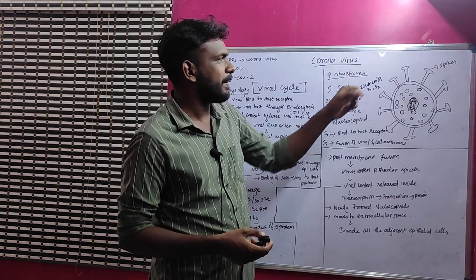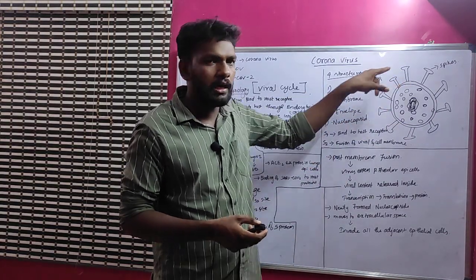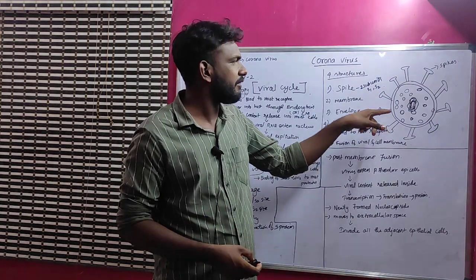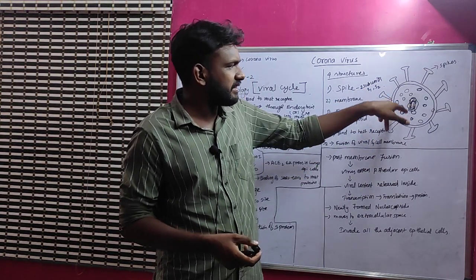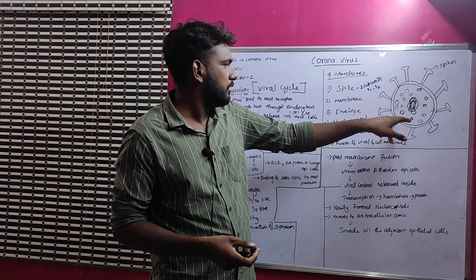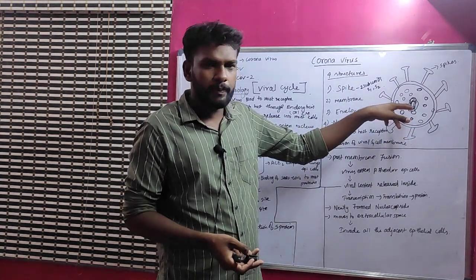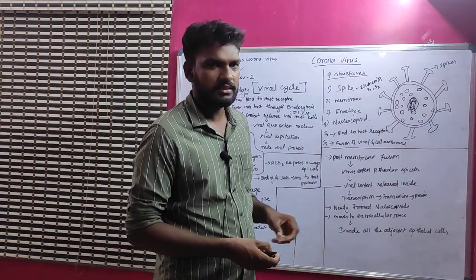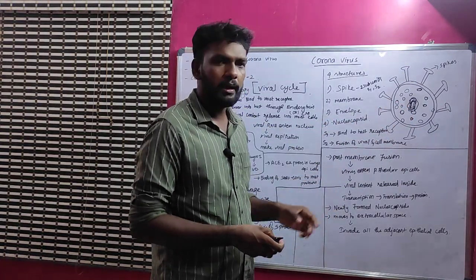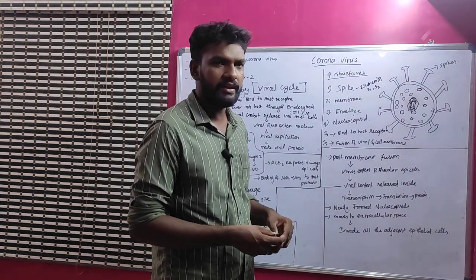The spike is present on the outer wall of the coronavirus, the membrane and envelope are present on the outer surface, and the nucleocapsid is present inside the cell. This is the basic structure of the coronavirus.